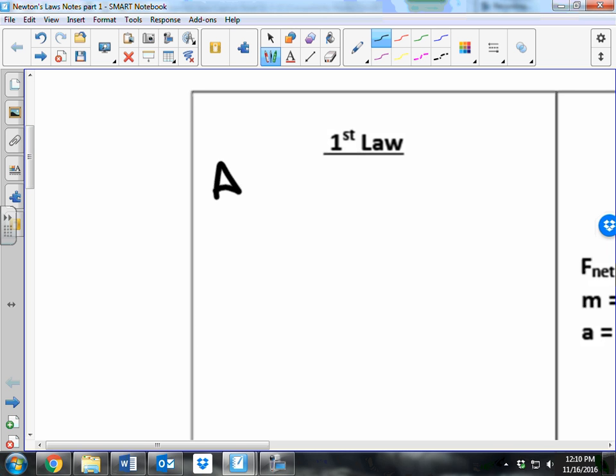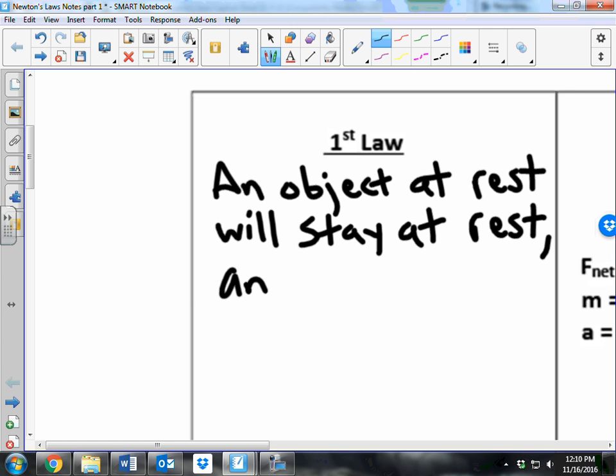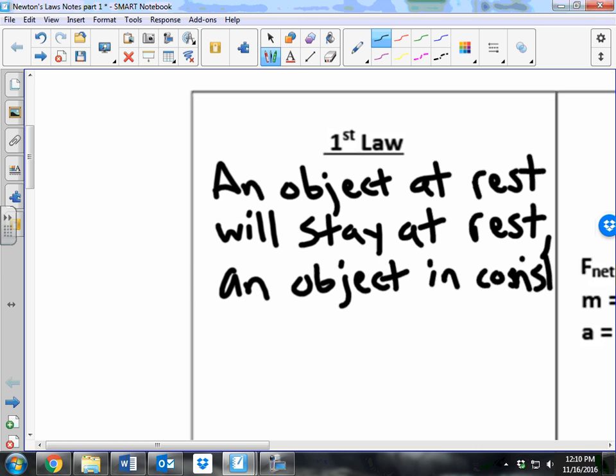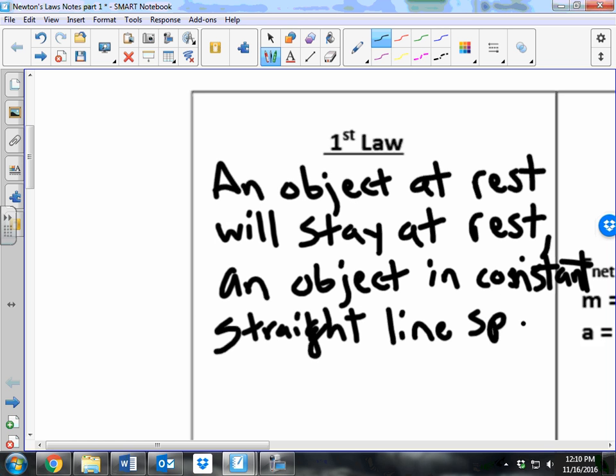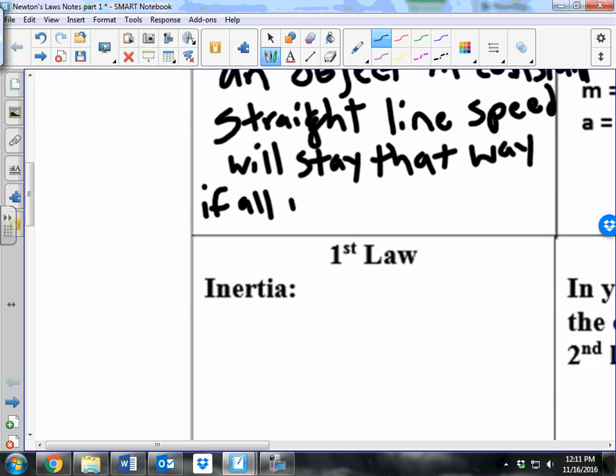It says an object at rest will stay at rest, and an object in constant straight line speed will stay that way if all forces are balanced.